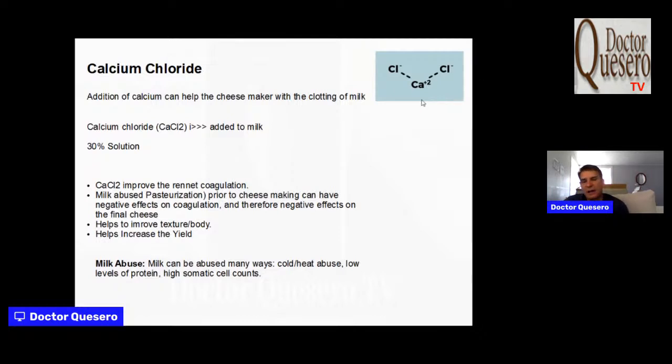I have said in one of my shows that when we acidify the milk with lactic culture, the acid produced by the lactic bacteria will dissolve the molecules of calcium.